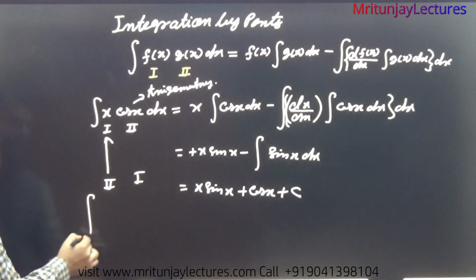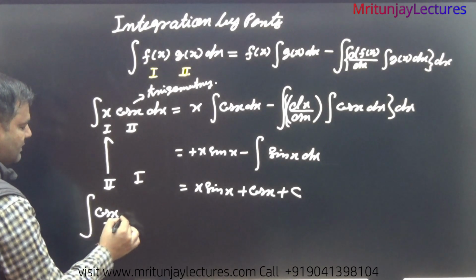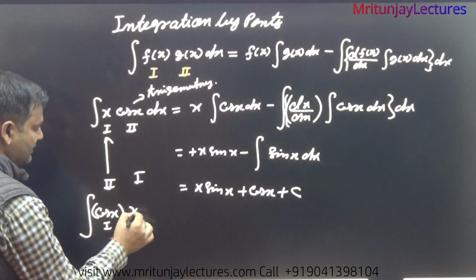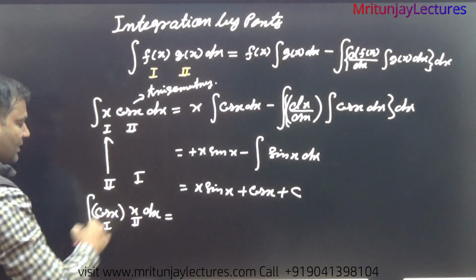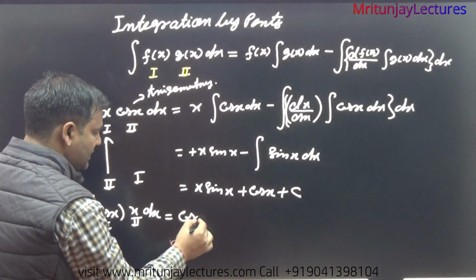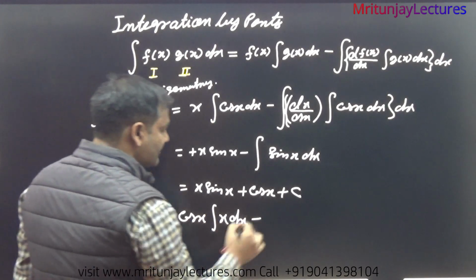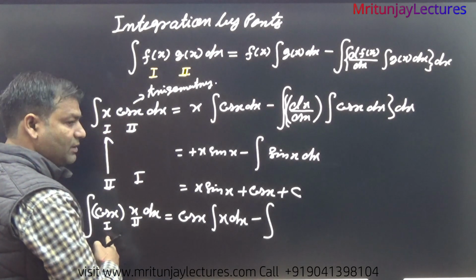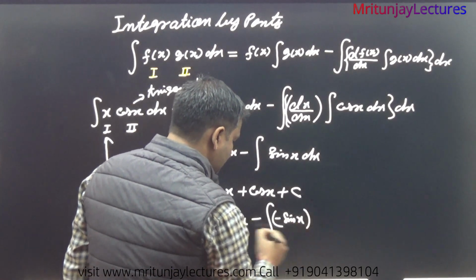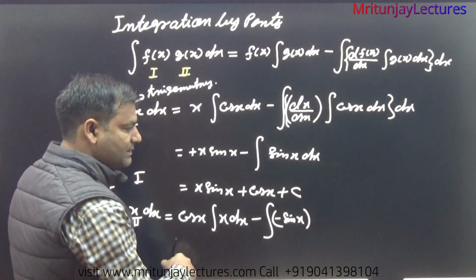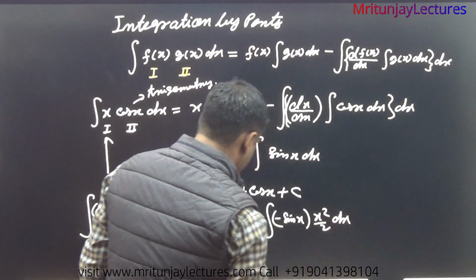What about the integration? Look here, cos x is taken as the first function by someone, and this one is taken as the second function, dx. If you apply that formula, cos x into integration of x dx, minus differentiation of cos, that is minus sin, and integration of x dx, that is x square by 2 dx.